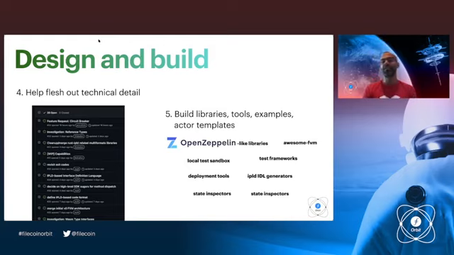So we really imagine things like, for example, OpenZeppelin in the Ethereum ecosystem, which is a very nice toolbox library, to emerge in the FEM ecosystem. Things like local test sandboxes, test frameworks, deployment tools, IPLD IDL generators, and a lot more. These are things, if you're interested, start talking to us in those forums, in the GitHub repo and in the FEM channel on Slack, and we'll figure things out.